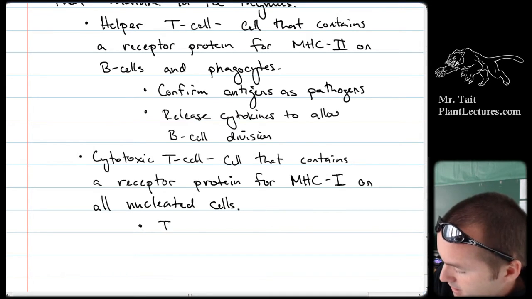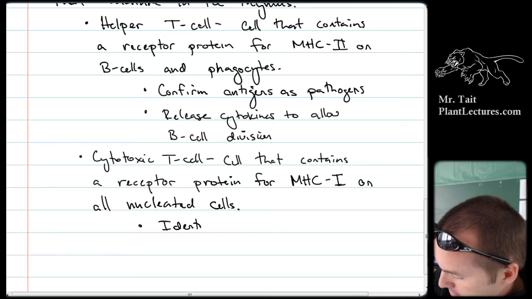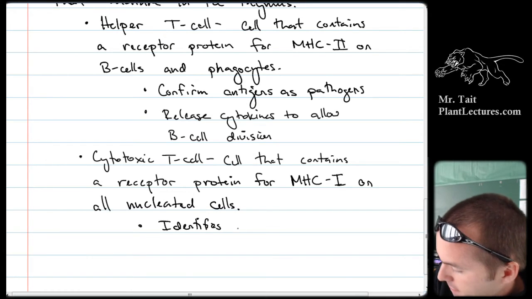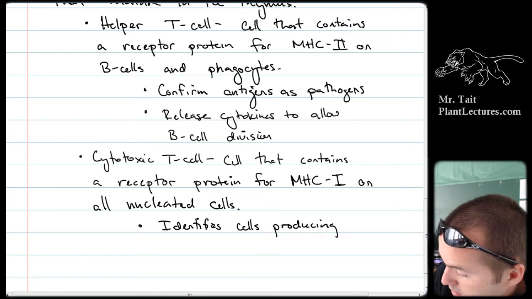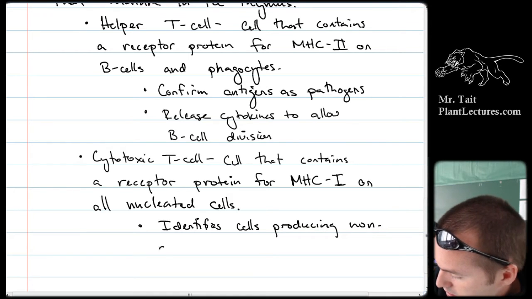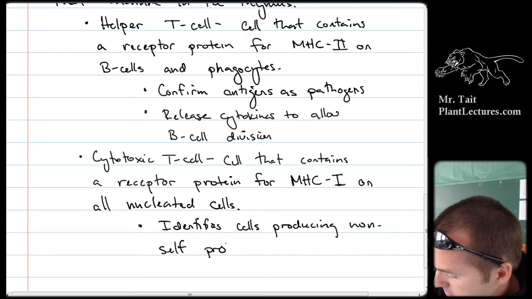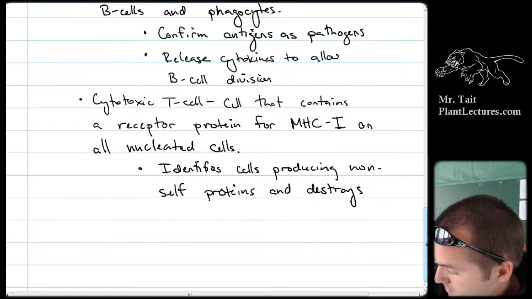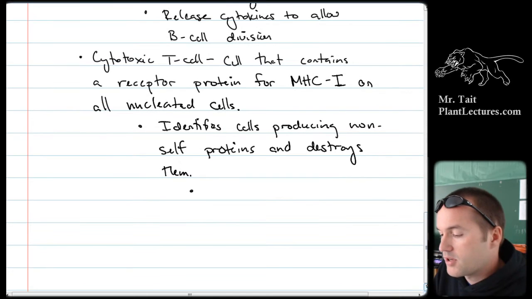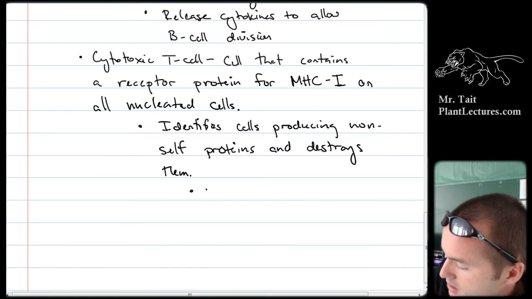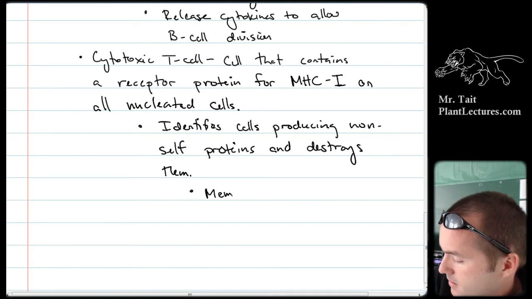So it identifies cells producing non-self proteins and destroys them. If it is able to destroy a cell, it's going to differentiate into memory T cells.